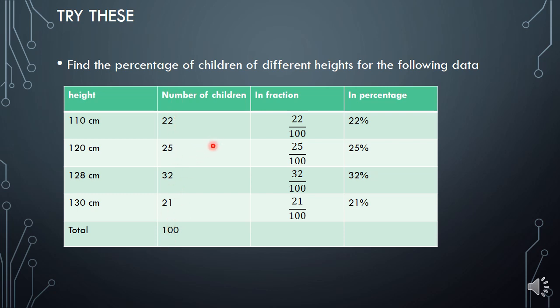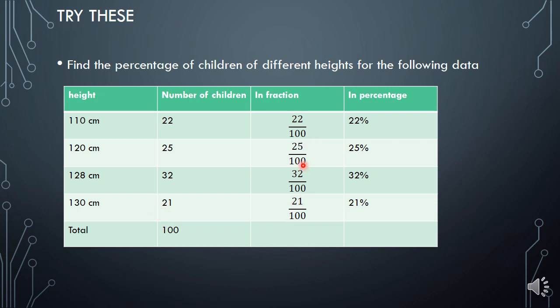Okay, and here children, how can we write in fraction? Here we have 22 students out of 100, and 25 students out of 100, and 32 students out of 100, those who have 128 centimeter height, and the students who have height 130 centimeter are 21 out of 100. So we write as fraction like this.